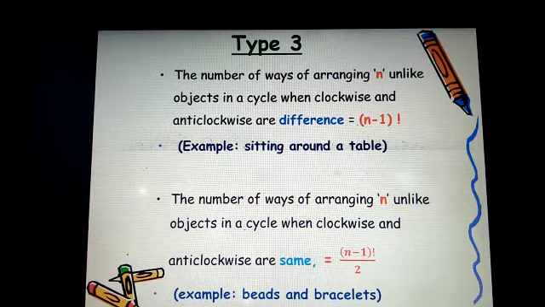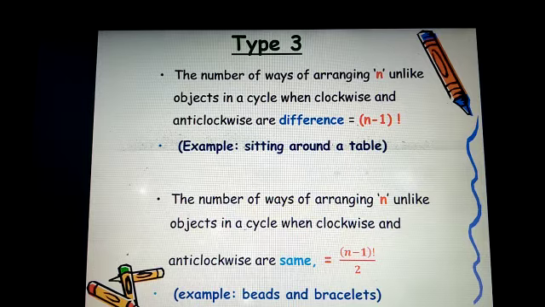Here, realize that if you want to arrange n objects, you need to pin one down, leaving the remaining n minus 1. So it's the n minus 1 which will be orderly arranged among themselves. That gives us n minus 1 factorial. An example is when people sit around a table or arranging things around a circular shape or object.